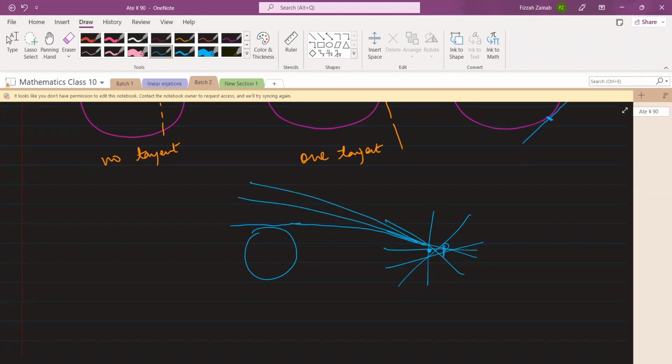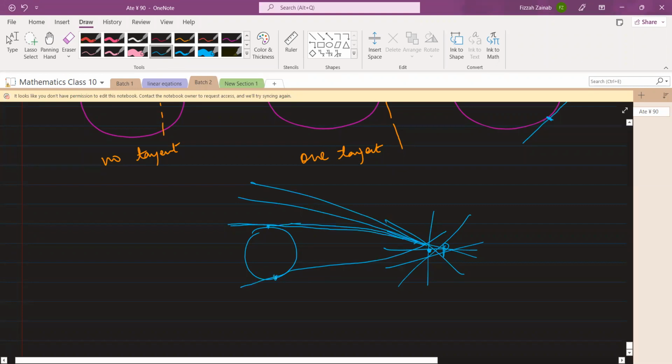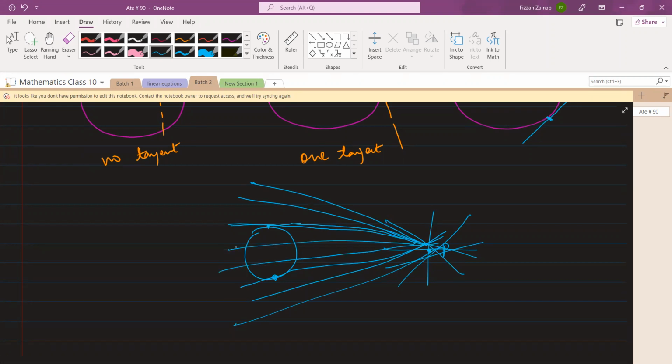Otherwise, all the other lines are not going to touch the circle. Either they will go away from the circle or they will intersect the circle, so they will not become tangents. Is that clear? Is that understood?